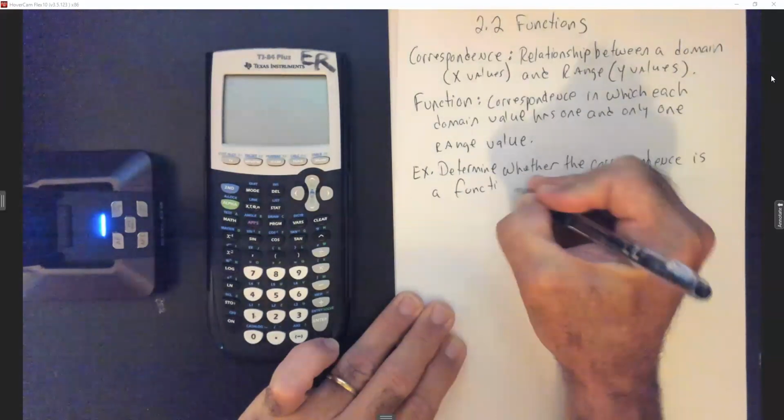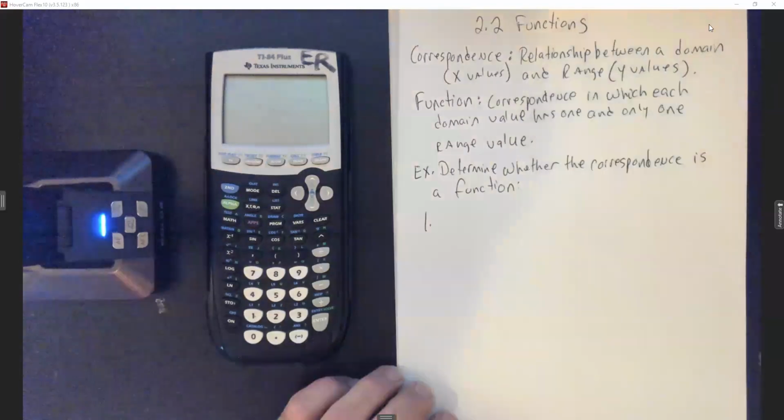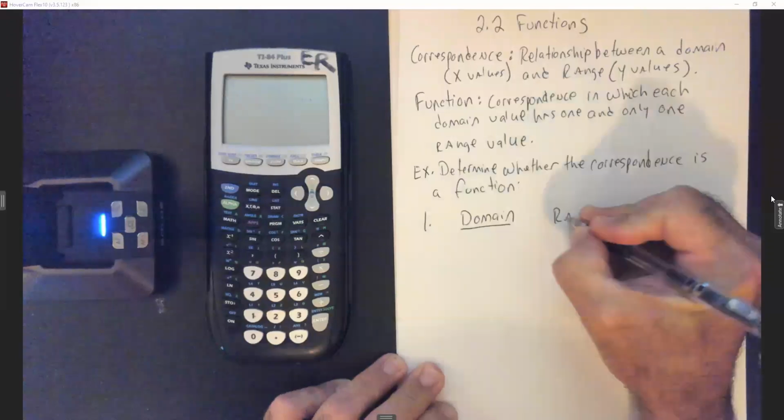All right, so number one, let me let someone in. They got our domain listed on the left side, and then my range will be listed on the right side.